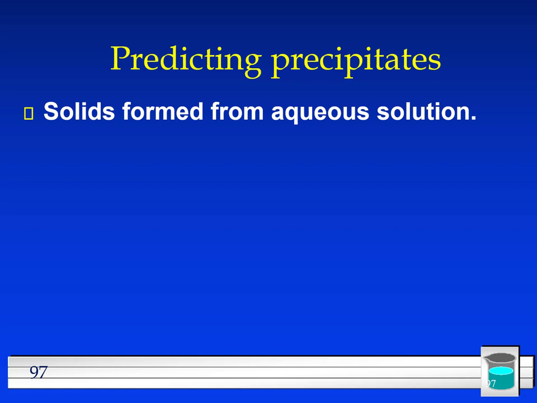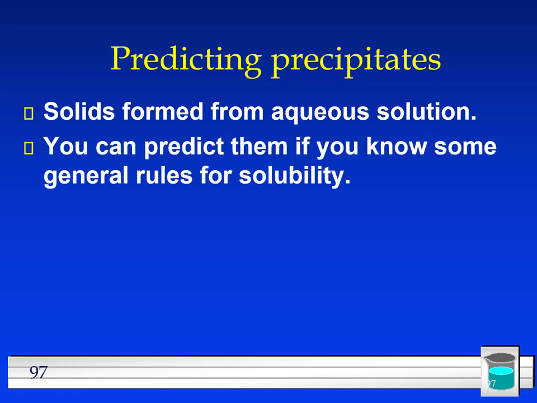And the last thing you guys wrote on the reading guide was that you could predict precipitates if you know some general rules for solubility. So today, I will teach you the general rules for solubility and how to apply them. You don't have to memorize the rules. They'll be provided for you. You just have to be able to apply them.